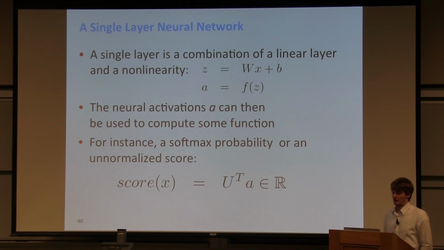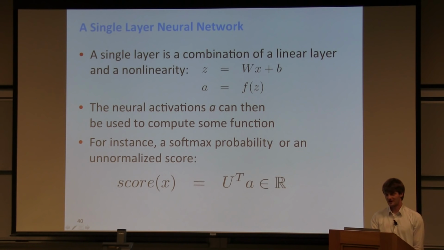So let's define what this will look like. We have here x, which is again just a concatenation of the word vectors. We have a single layer neural net here that we'll define in the standard notation, where we have a linear layer followed by a nonlinearity. So we have our concatenated word vectors in x, and we plug them through this matrix multiplication, straightforward, and now we have an element-wise nonlinearity.